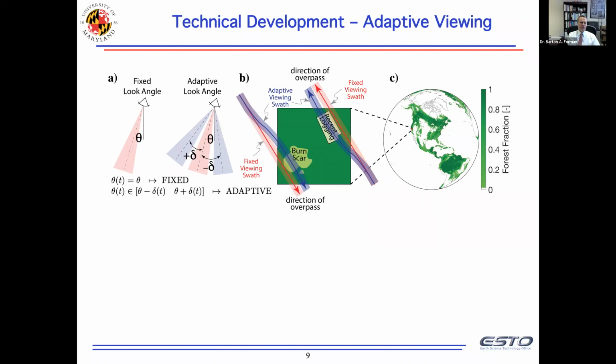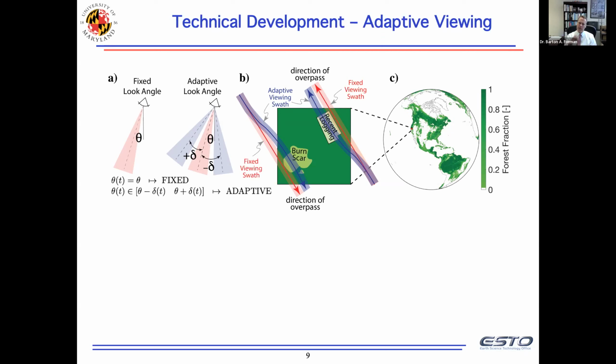So we can run some experiments with the fixed look angle, and then we can allow the satellite to slew, the sensor to turn left or right so that it can preferentially see the area we care about. And we can run these two different scenarios and see if the adaptive viewing is giving us more information for that extra complexity. Of course, the error characteristics might change too, so that could be part of the trade-off.